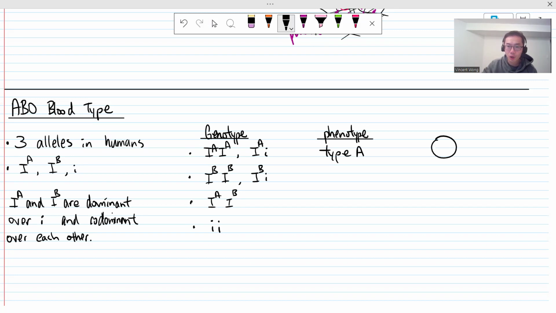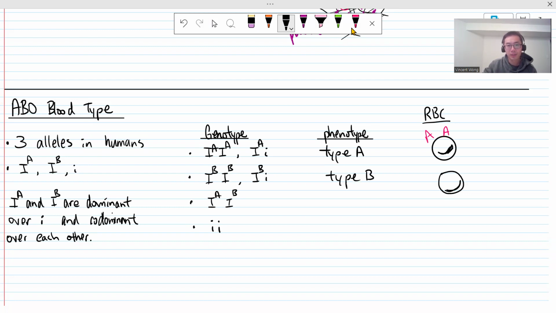So if I draw my red blood cell, I would have the A antigen on the surface. This is a red blood cell, okay? With the indentation in the middle. For IB little i, this would be type B blood.